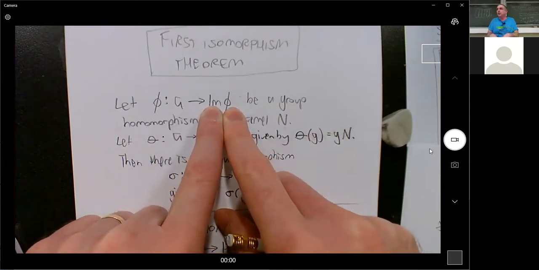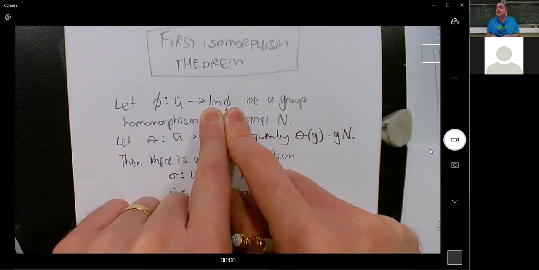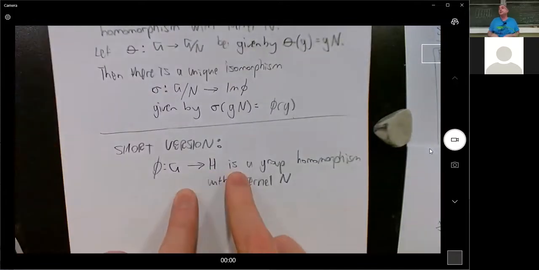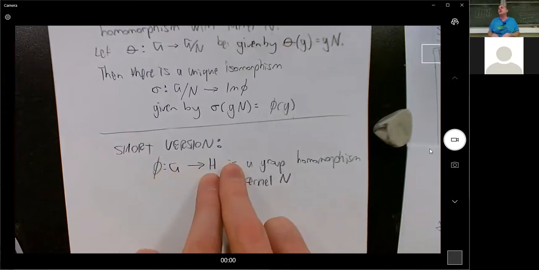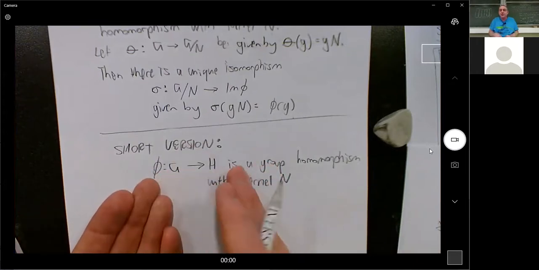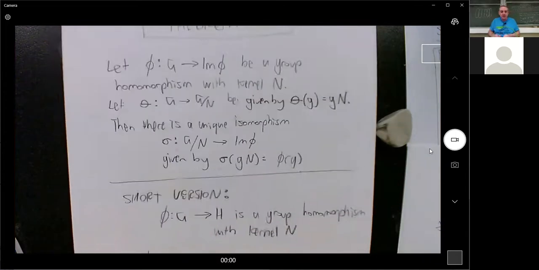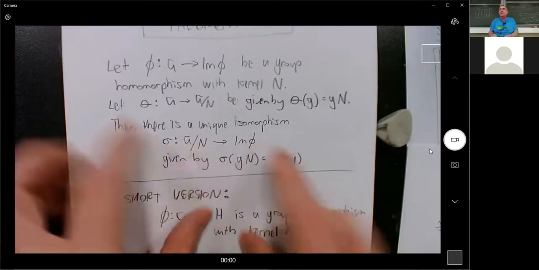Doesn't G go to the image of phi always? Well, I reckon we can break that and it'll still work. G's allowed to go anywhere. Phi is allowed to send G to any other group. It's just that whatever group it sends to, it will send it to its image. And there will possibly be parts of H that are not covered by the image of G. But we're allowed to say if phi sends G to H as a group homomorphism with kernel N, then what they're telling me is that there is an isomorphism between G factor N and the image of phi.